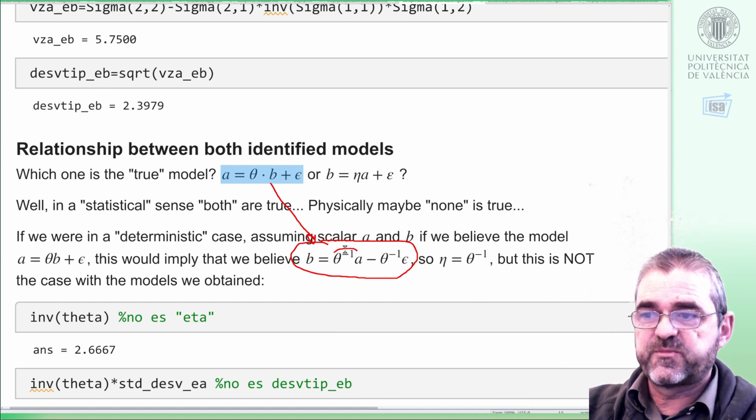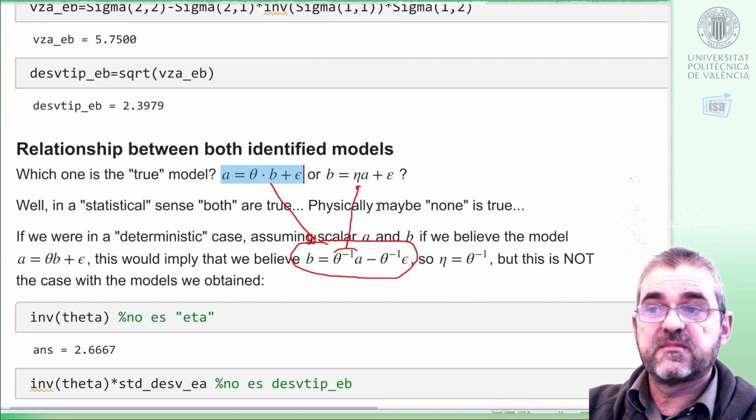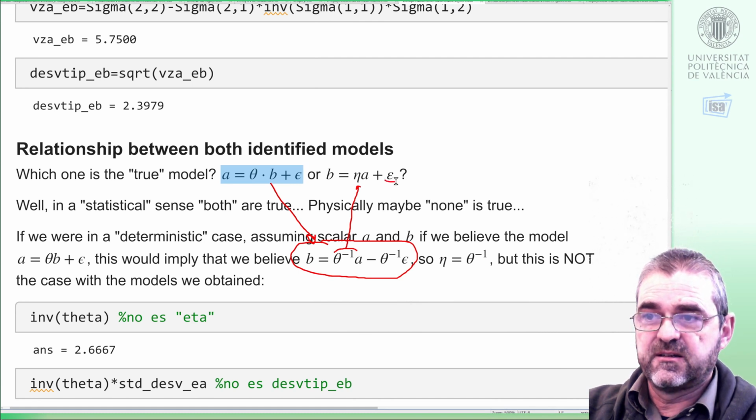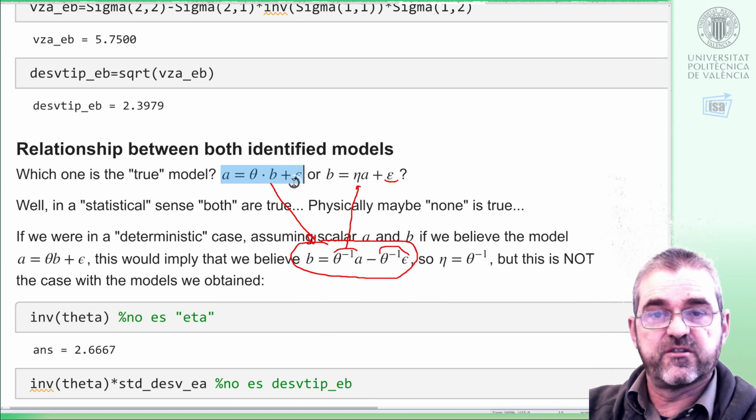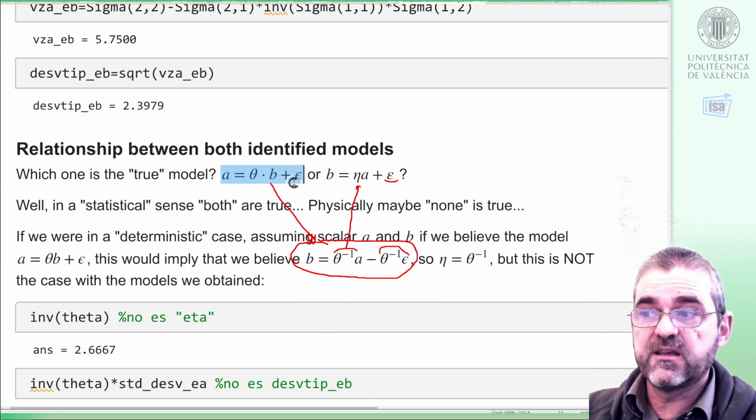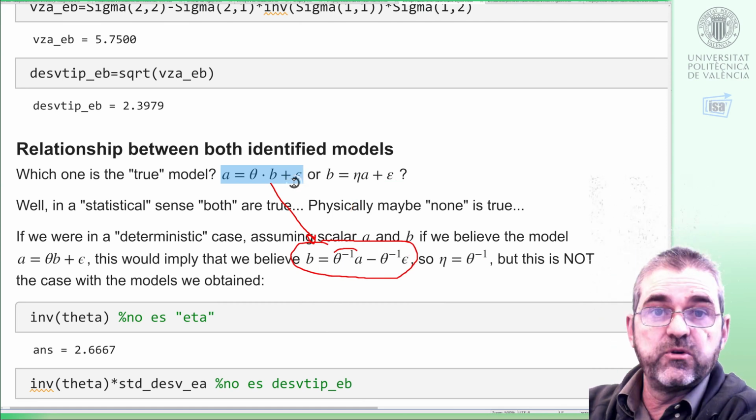So I would expect that eta is theta to the minus 1, and this epsilon has a typical deviation of theta to the minus 1 times the typical deviation of this other epsilon in the first model. Is it true? Well, not really.